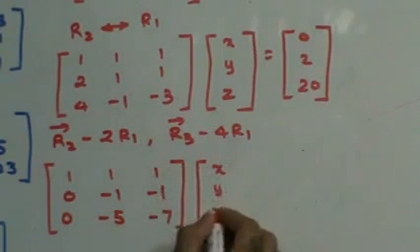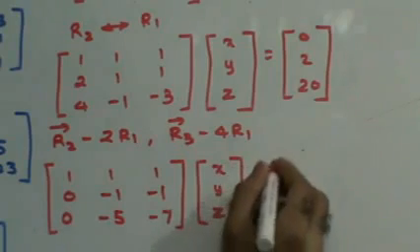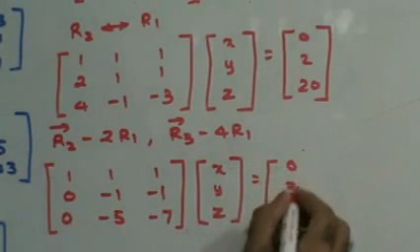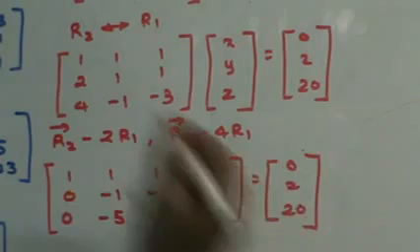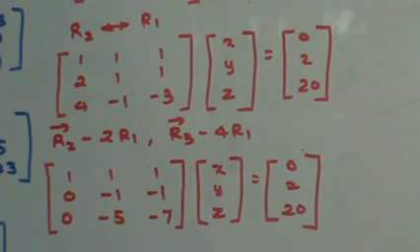The right hand side is 0, 2, 20. The right hand side won't change for R2 and R3 because R1 is 0, so 2 minus 0 and 20 minus 0.